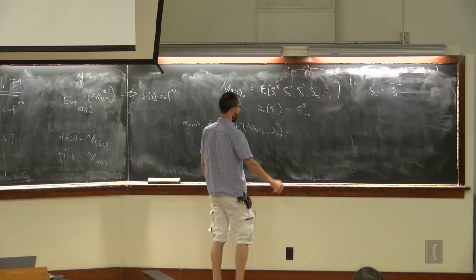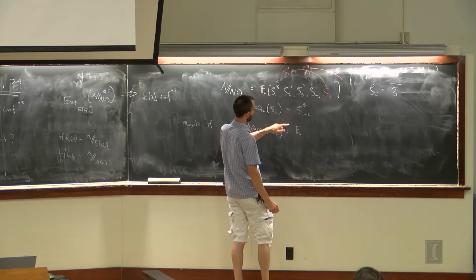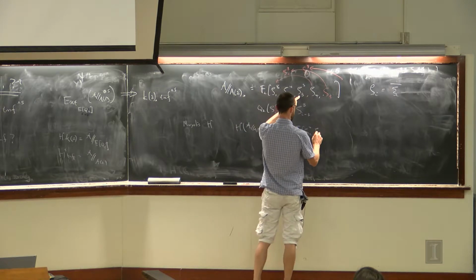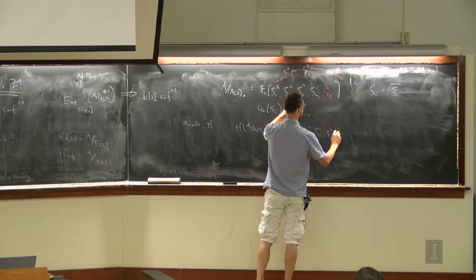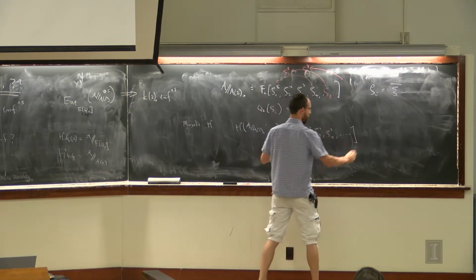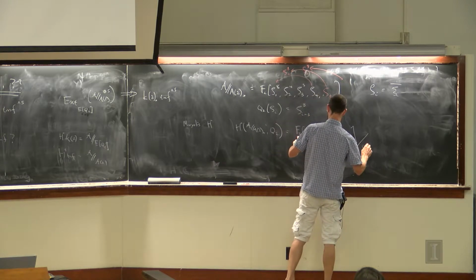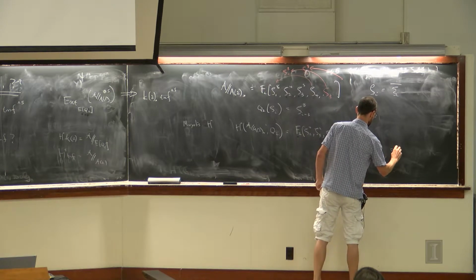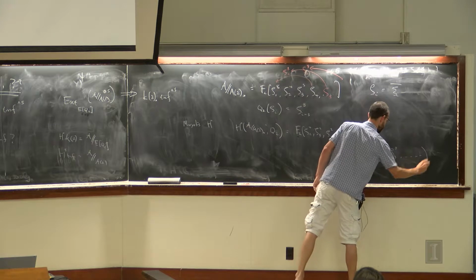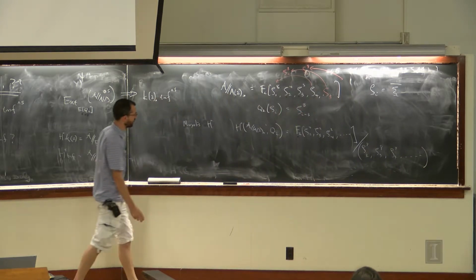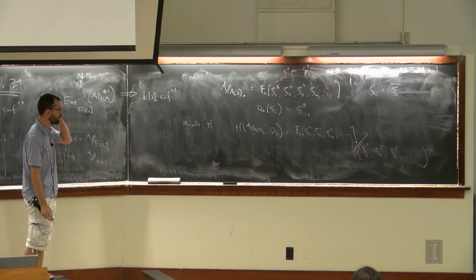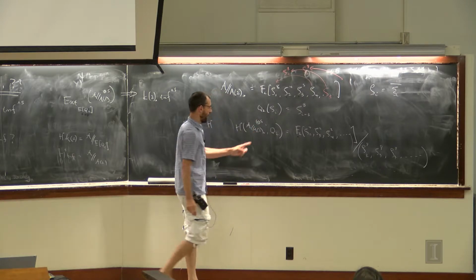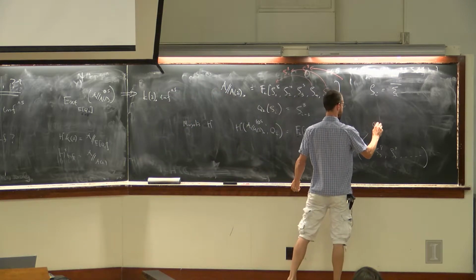So what do you end up getting? You end up getting something generated by zeta 2 to the 4th, zeta 3 squared, zeta 4 squared, etc., but modulo the 8th powers: zeta 2 to the 8th, zeta 3 to the 8th, zeta 4 to the 8th. And if you do this for a bunch of these, you get a bunch of these.